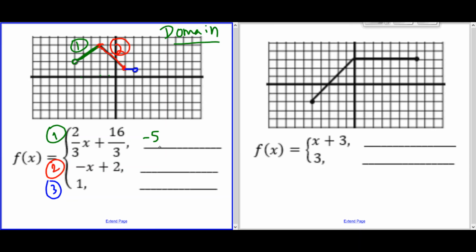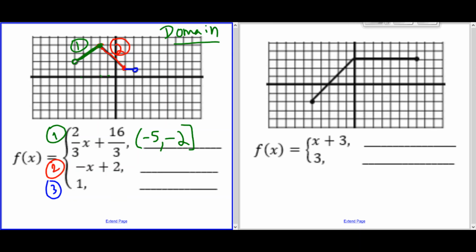And I'm using interval notation. So it goes to -5, and it's an open circle, so I'm going to have a parenthesis. And then it goes as far right as -2. And that's a closed circle, so I'm going to put a bracket at -2. So that completes the green function.